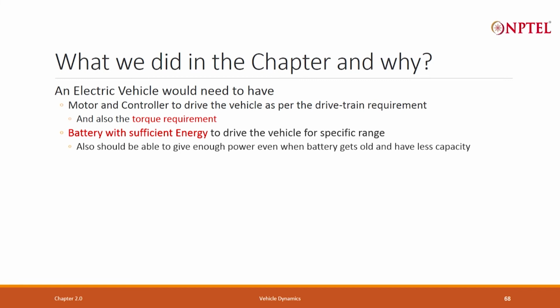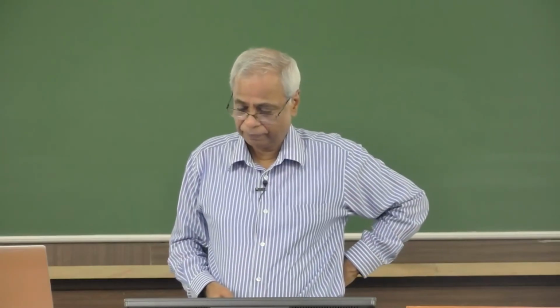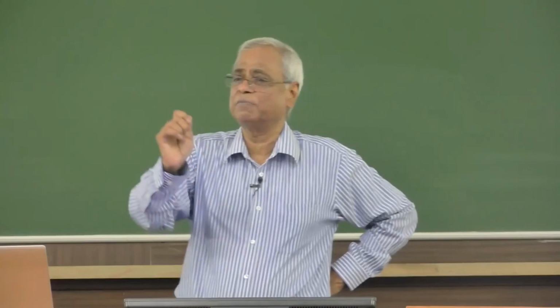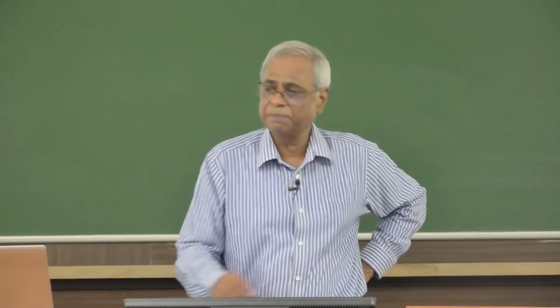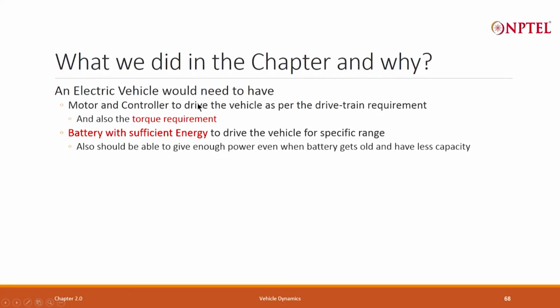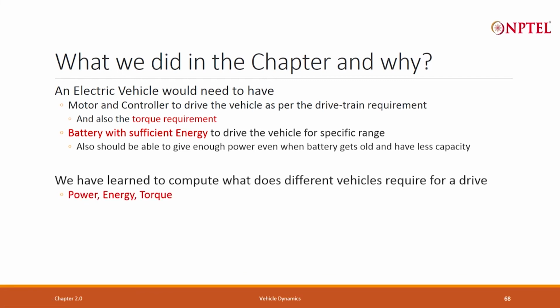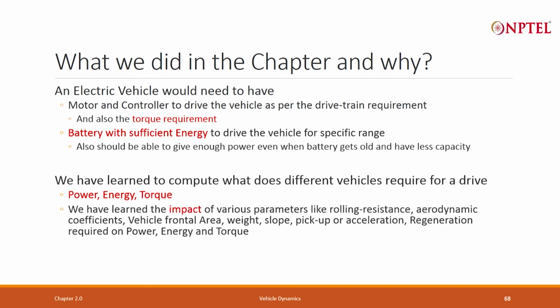So, we have actually talked about the energy required to move a vehicle through a certain drive cycle, and at every instant it should be able to give sufficient power to motor and controller. That is what we have tried to figure out. We have learned to compute power, energy and torque for different vehicles at different speeds, and this is something that we will be doing more and more.